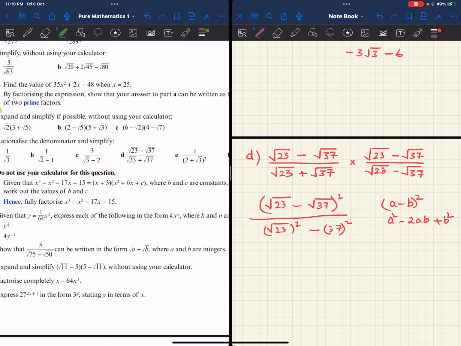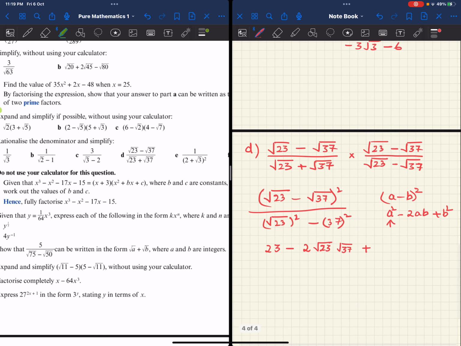Our a is root of 23, so if we take a squared, that is 23, minus 2 into a, which is 2 into root 23, into root of the b, so b is 37, and plus square of b, which is 37. b is root 37, so the square will be 37.